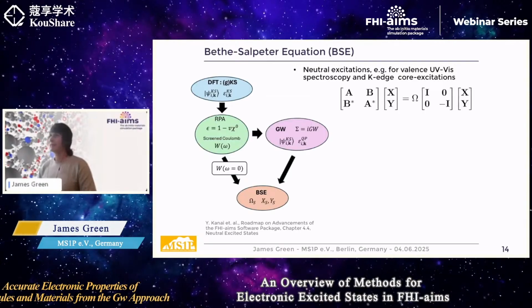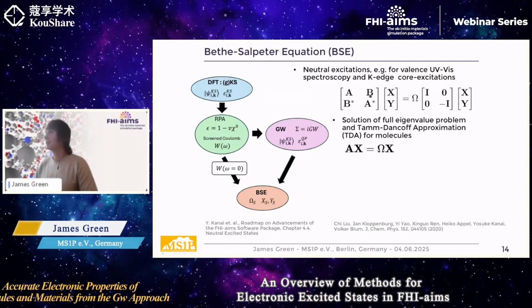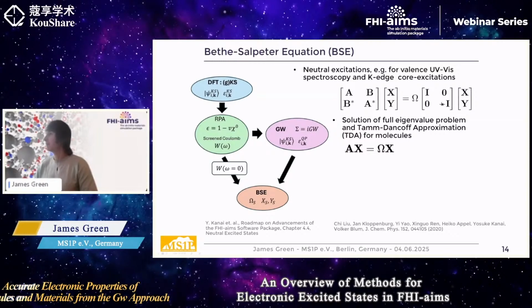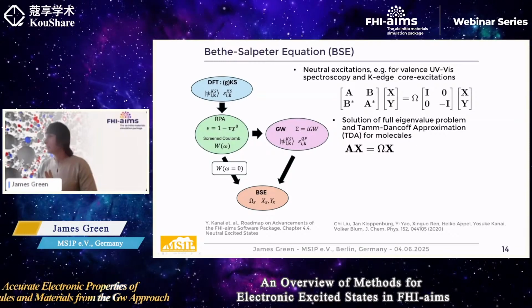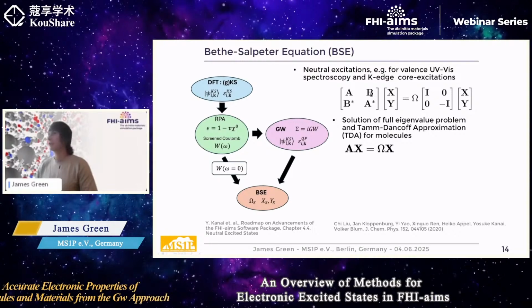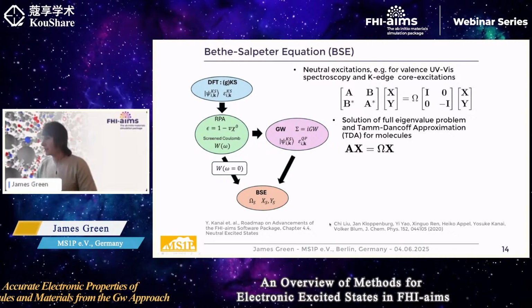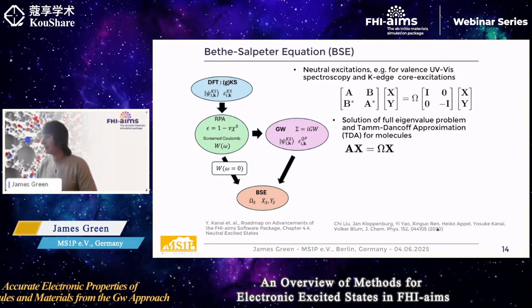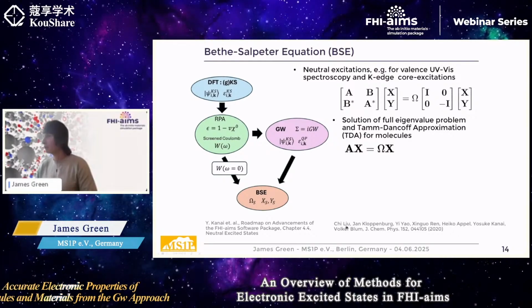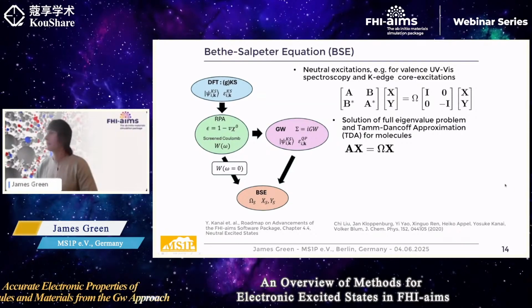So for molecular systems, we have both this full BSE equation implemented, as well as the so-called Tamm-Dancoff approximation, where this B matrix is neglected. And the implementation is described in this paper here from Chiu in Bogdan's group.